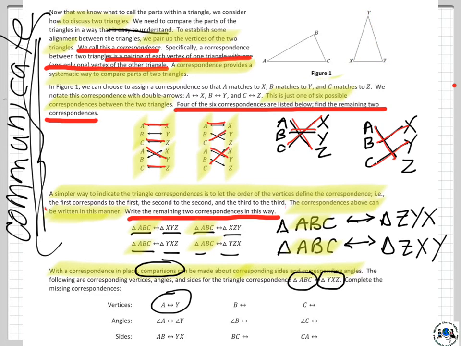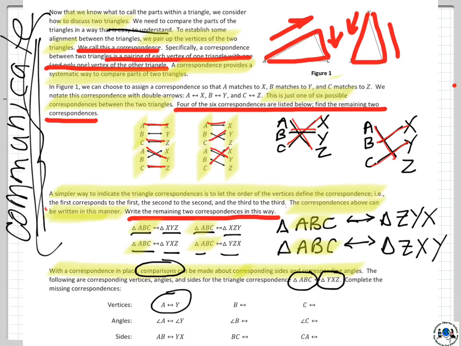So now we're looking at these two right here, A, B, C, moving that way, corresponds to Y, X, Z, which goes this way. So A is corresponding to Y, so A there, Y there. That's vertices. Then angle A and angle Y, which makes sense.